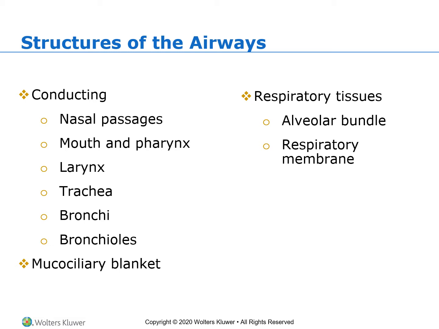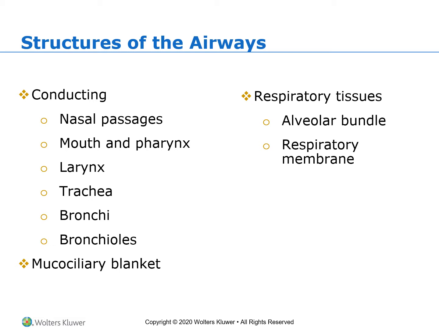So in brief, the respiratory tissues, that's where gas exchange happens. They're not lined with the cartilage part, rather they're more of a sponge-like tissue, and that's where the alveolar air sacs are, and they also have lymphatic structures surrounding them. The real gas exchange happens at the alveoli level.